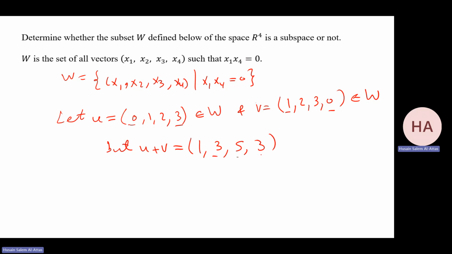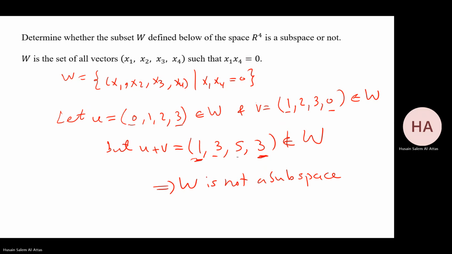I don't care about the other components. We care about this: now, this times this is not 0. So this does not belong to W. So W is not a subspace. And I think the scalar multiplication will work, but this one will not work.